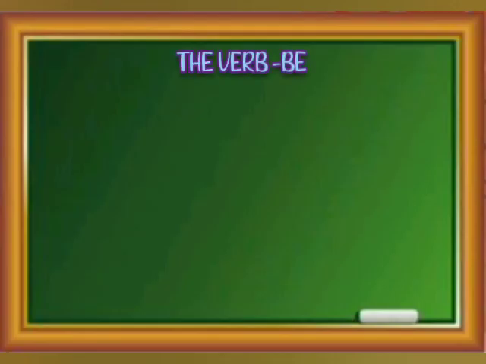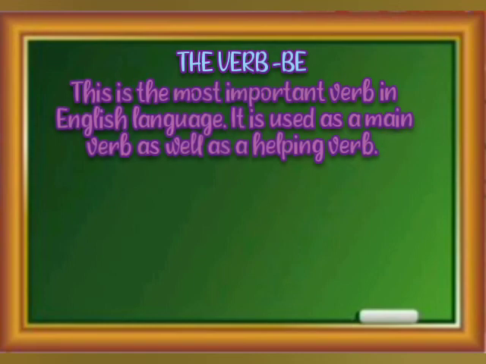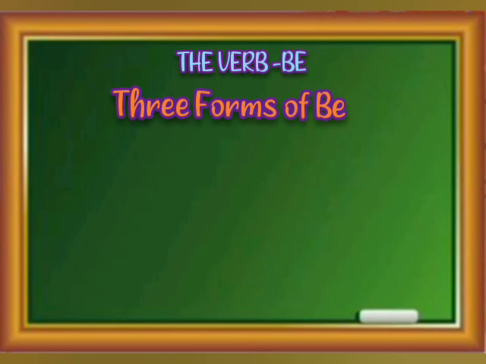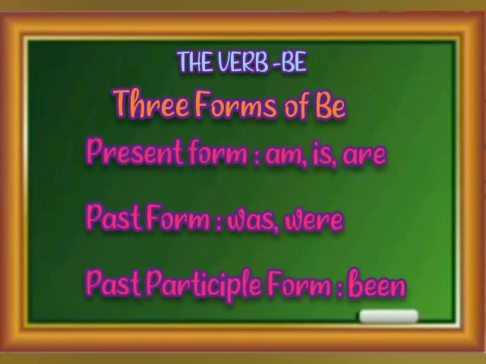The verb be. This verb is the most important verb in the English language. It is used as a main verb as well as a helping verb. It has its three forms as follows: present form, am, is, are; past form, was, were; and past participle form, been.